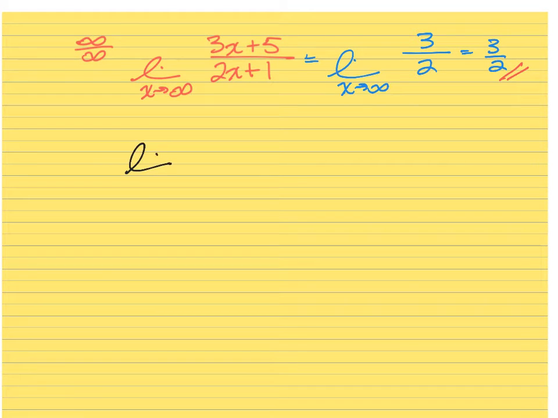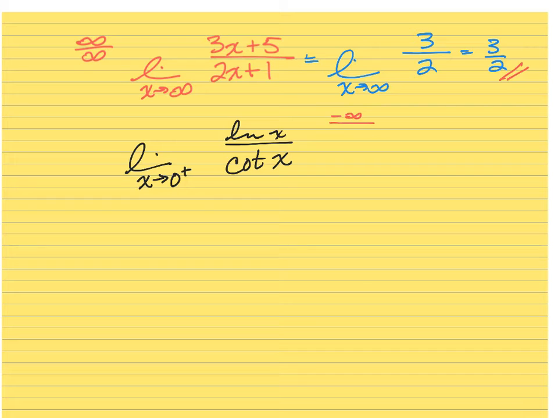The limit as x goes to 0 from the positive side, from the right side, of ln of x over the cotangent of x. Okay, so we have to remember how these things work. As x goes to 0 from the positive side, natural log goes to negative infinity.